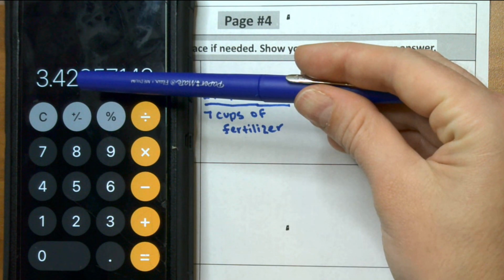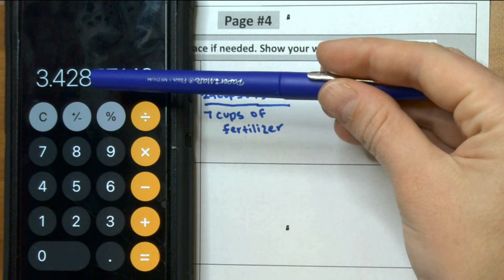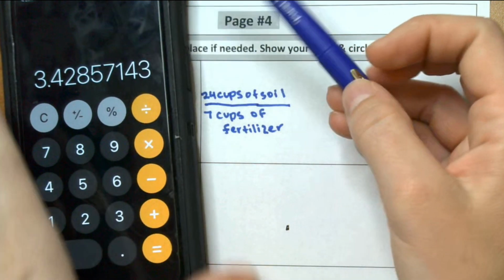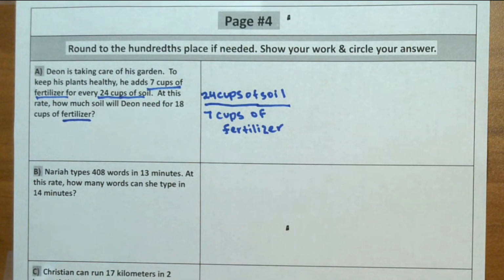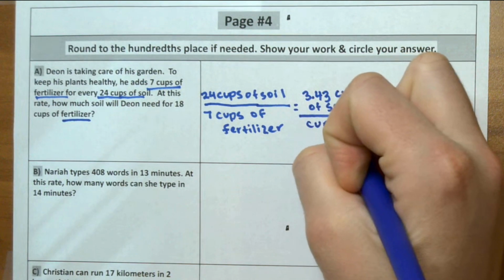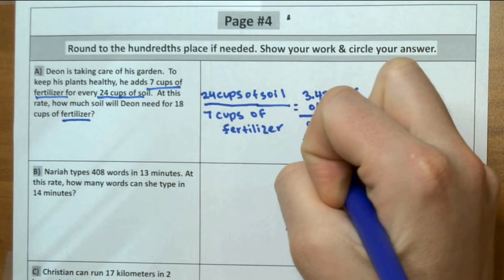It all depends on the next number after the 2. If it's 5 or higher, which it is, it's an 8. So that means it bumps it up to 3.43 cups of soil per 1 cup of fertilizer.